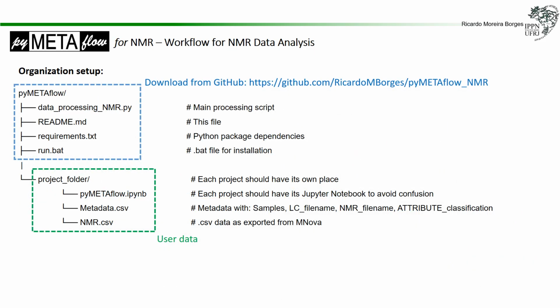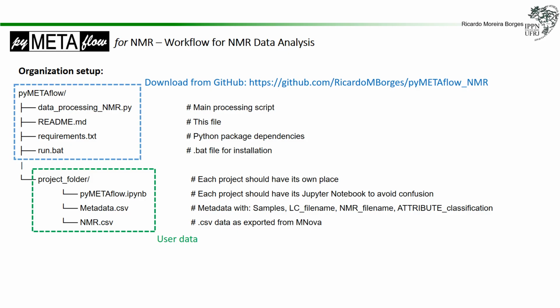And concerning the organization setup, you would download the pyMETAflow zip files from GitHub. Here's the link, and you will organize it in that manner. You can put the pyMETAflow folder in any place you'd like, and you should have these data processing NMR.py for the Python functions, a README file, the requirements.txt.